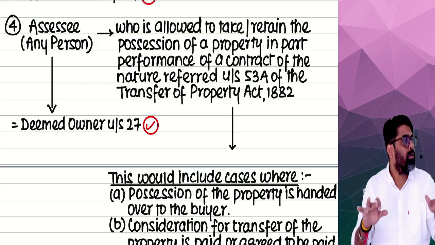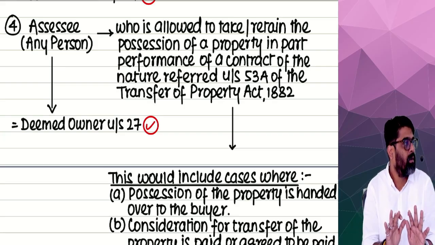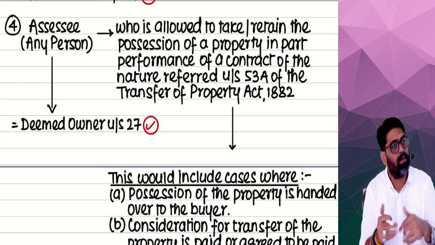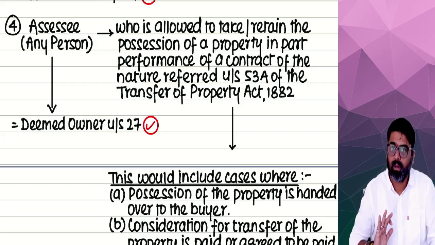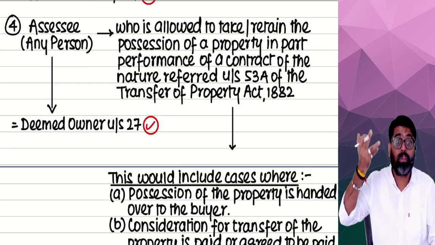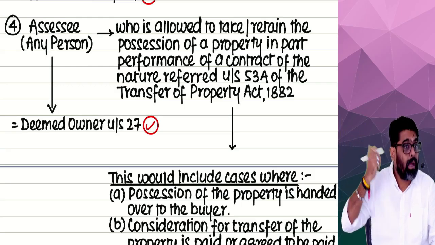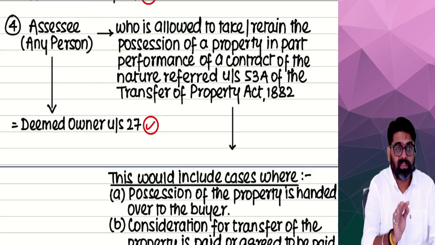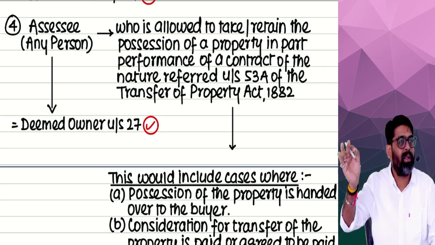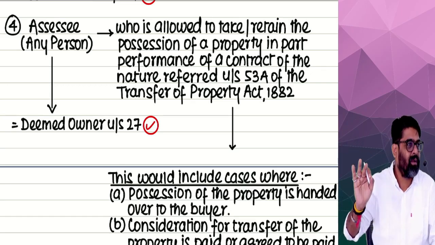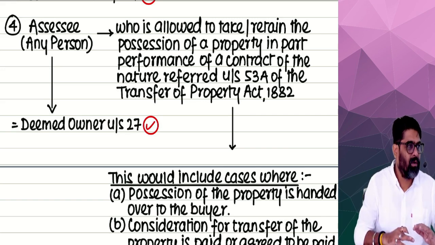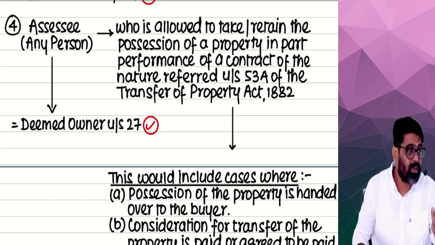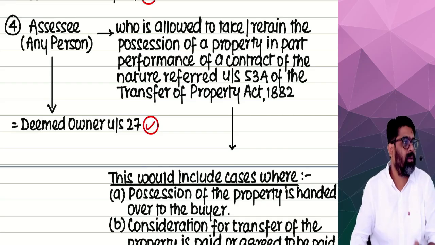If all these conditions are met, it is as good as property is transferred. And if the property is transferred as per the law, which law? Transfer of Property Act. Just the legal documentation or registration remaining will not make the transferor the owner, will make the transferee as the owner of the property.